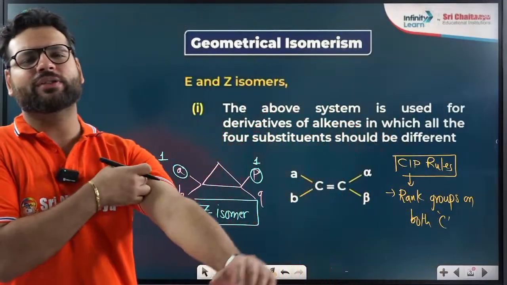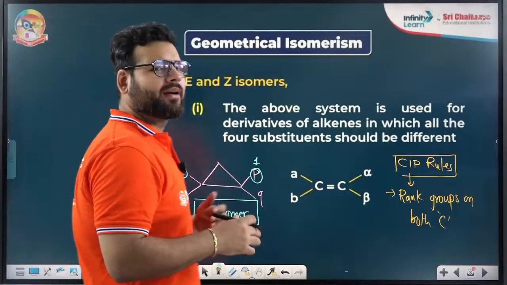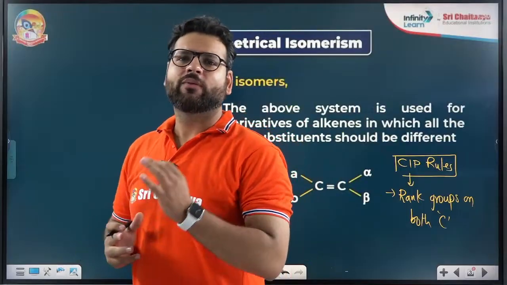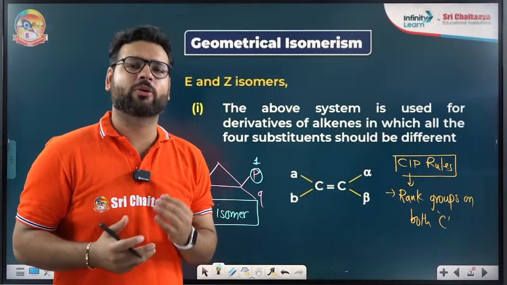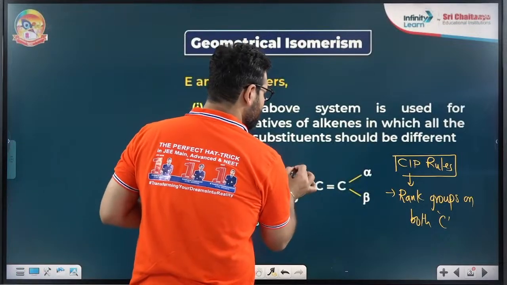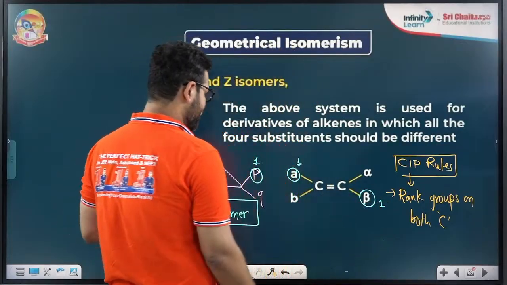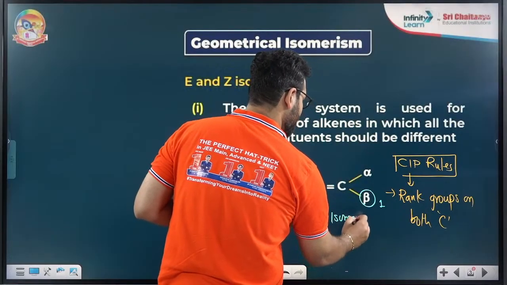If same rank is on same side, we'll call it Z. You can remember it as sizzler: cis-like is Z. Sizzler, all of you have heard about. So cis is Z. Same way, if here A was the winner and here Q was the winner, and the rank 1s are on opposite sides, it is going to be the E isomer.